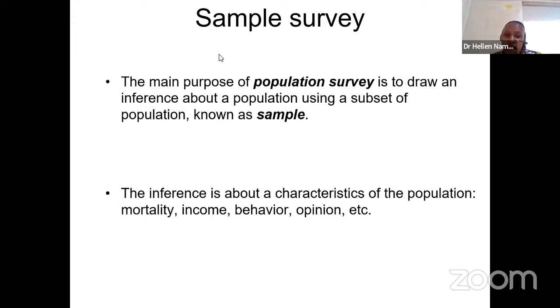But we want to get a sample that gives us a proper representation of the whole population. So in that case, we go to what we call a sample. We get a sample that is drawn from the population survey. So the point is that we want to draw inference about the population by using a subset of this particular population, which I'm referring to as a sample.